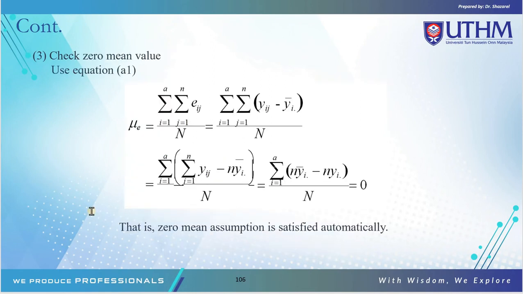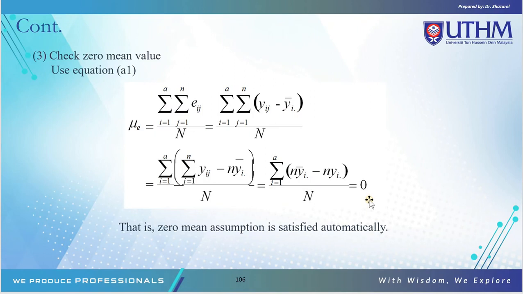Then we're going to check the next assumption, which is the zero mean. We can use this formula: each observation minus the average of its level, divided by n. We take this difference for all the observations, and the summation should be equal to 0.